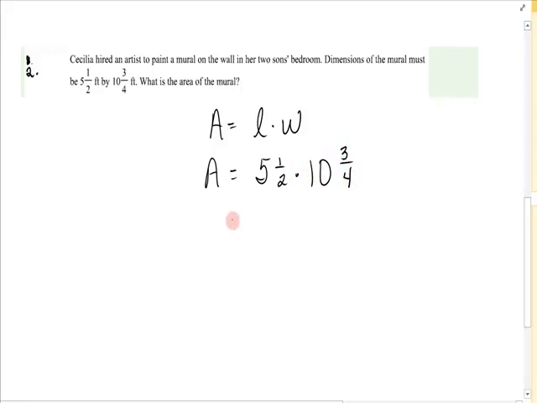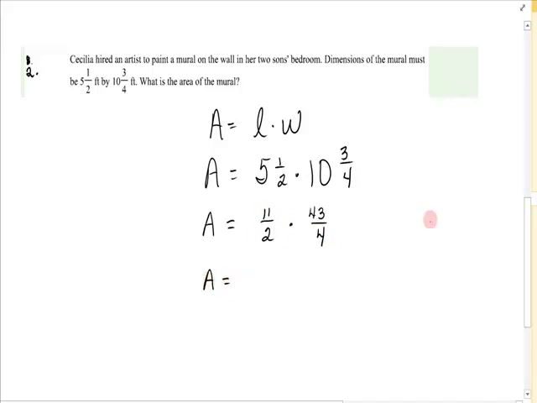Because I'm multiplying mixed numbers, I'm going to make them into improper fractions. 2 times 5 is 10, plus 1 is 11 over 2, times 4 times 10 is 40, plus 3 is 43 over 4. I look here to see if I can do any reducing, and I don't believe I can.